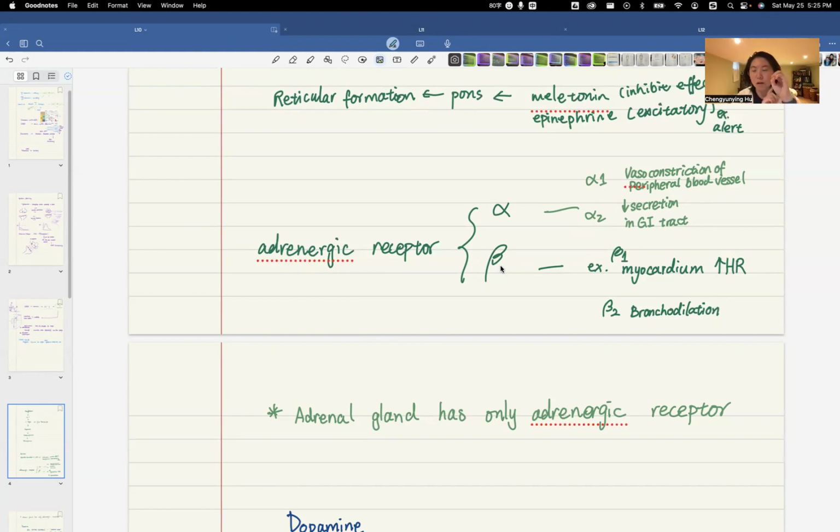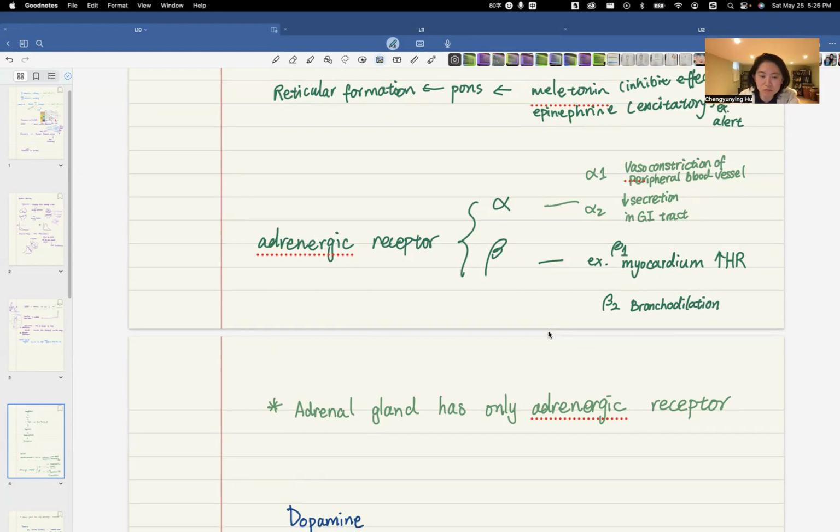If we do not block this receptor, it has the function of increasing the heart rate. So on the heart, we have the beta-1 receptor, which has the effect of increasing heart rate. It's just an example for you to understand alpha and beta, and you do not need to know which one works as which.